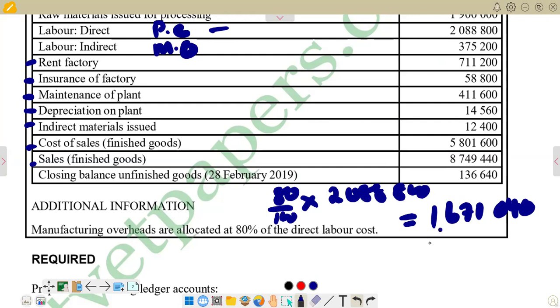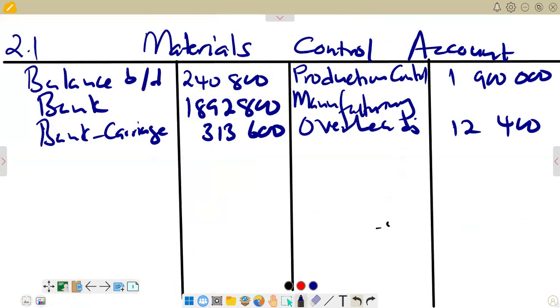So the double entry for this figure is that we debit the production control and credit the manufacturing overheads. Remember, the manufacturing overheads were taken on the debit side of the manufacturing overheads account, so you credit the manufacturing overheads and then debit production control. So we come here, we already have our production control, but we need to debit. We can start by debiting production control with that figure.